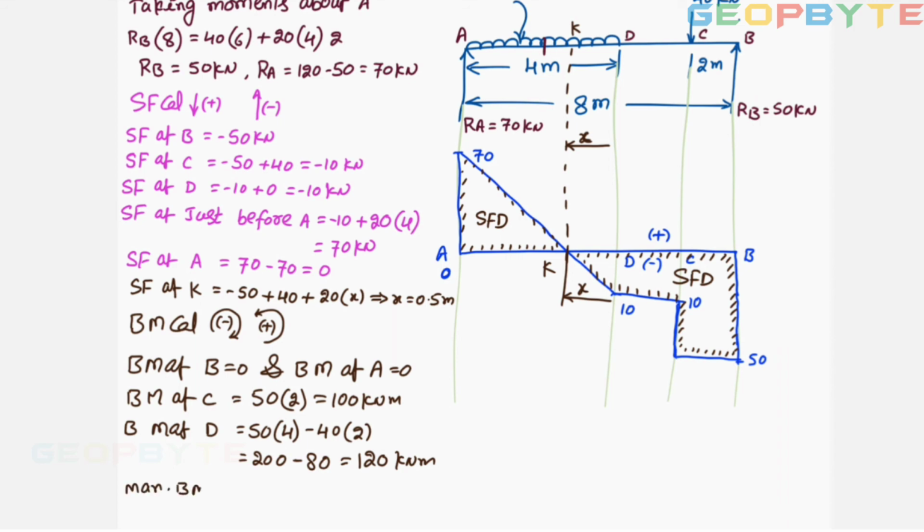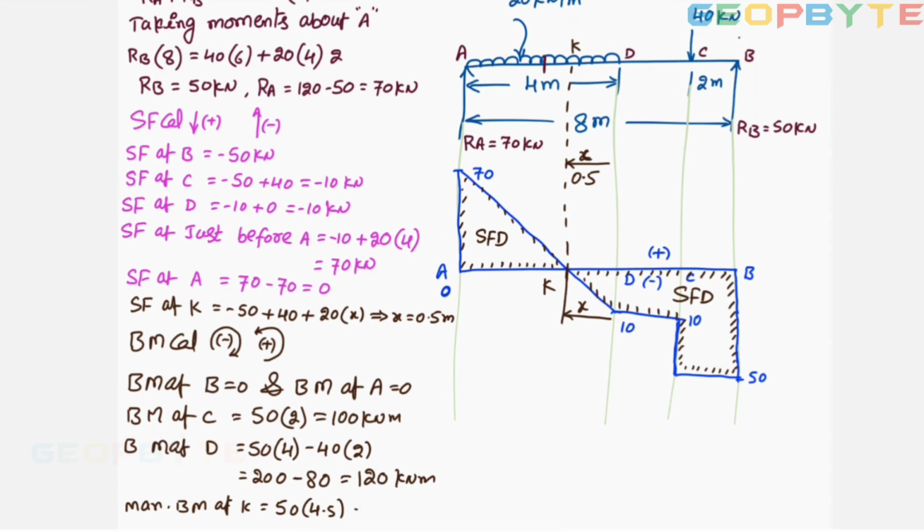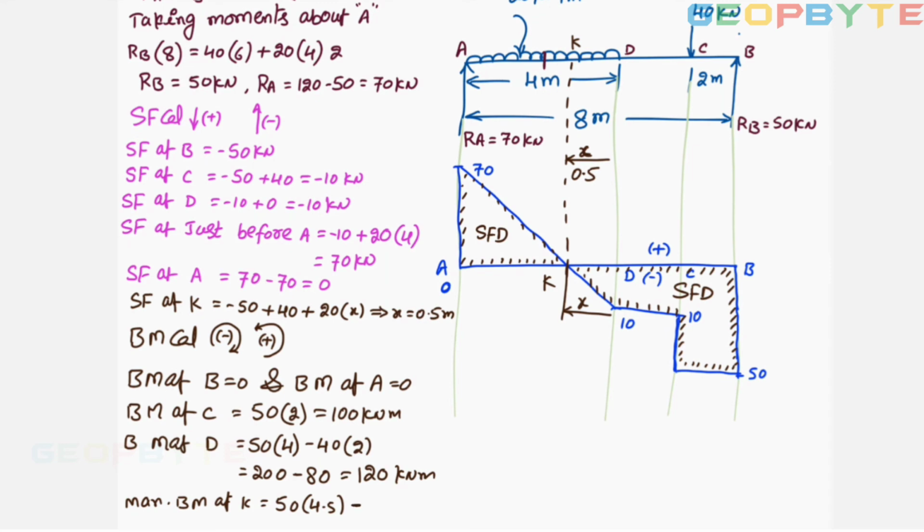Now let us find the maximum bending moment at K. Maximum BM at K, where x is 0.5 meter. This is the 0.5 meter. So it equals 50 into the distance up to K, that is 4.5, minus 40 into 2.5, minus the UDL effect.